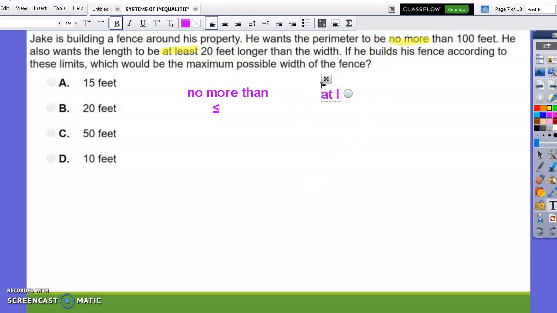And at least is greater than or equal to. They're the symbols that go along with it. So no more than or at most, less than or equal to. At least is greater than or equal to. No more than, oh, I should write at most for future reference. Okay.